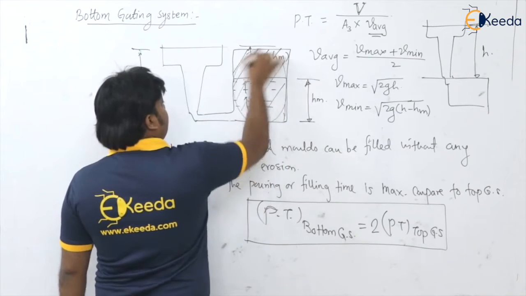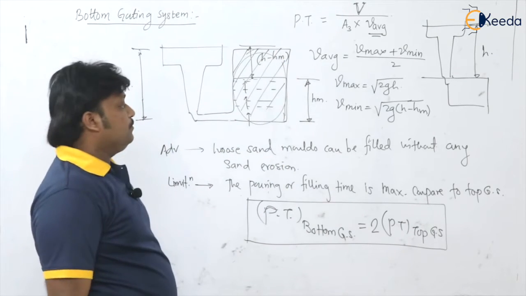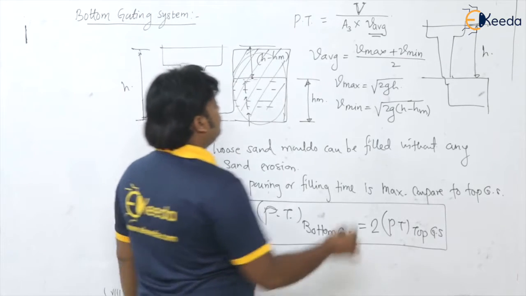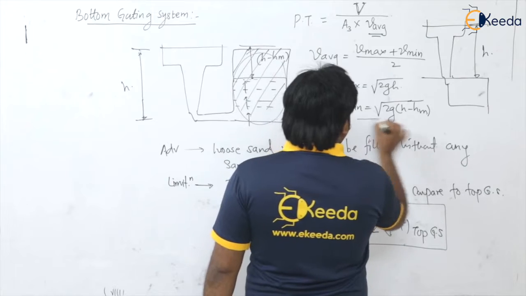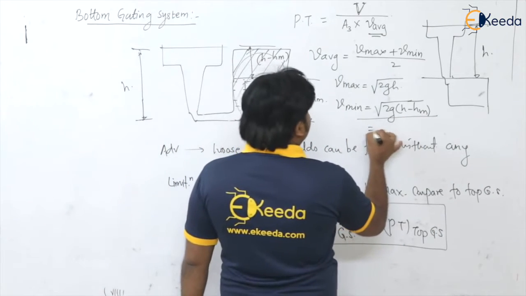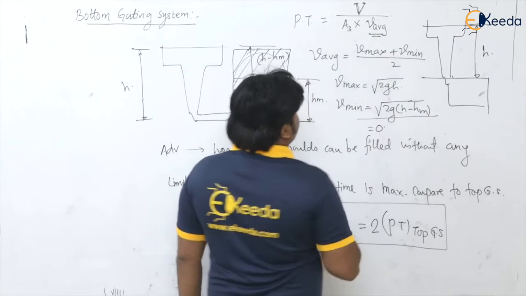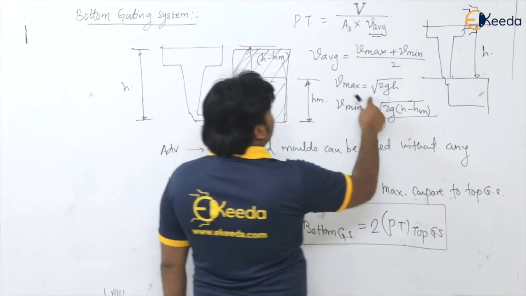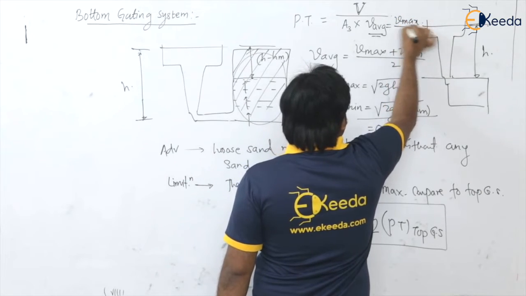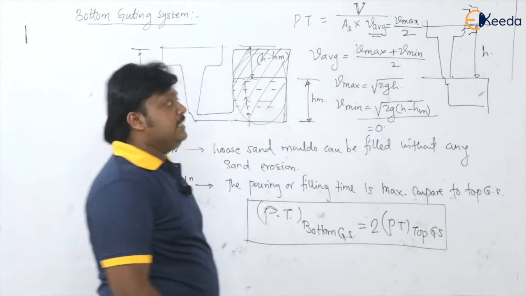This is equal to your mold height. Okay, so if you do like that, this V minimum will be how much? 0, isn't it? This V minimum is 0, then what is V average? That is V max upon 2, isn't it?